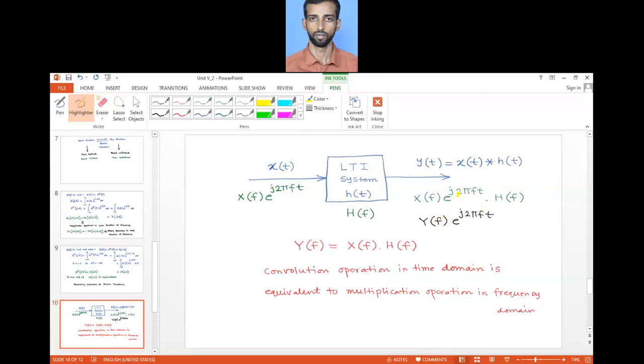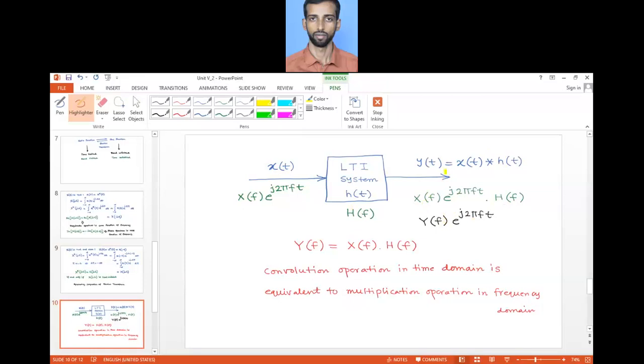Since we are getting the same output, one from the application of input and the system performance, and one from the characteristics of the output itself, these should be equivalent. So then what I can infer is that y of f must be equal to x of f into h of f.